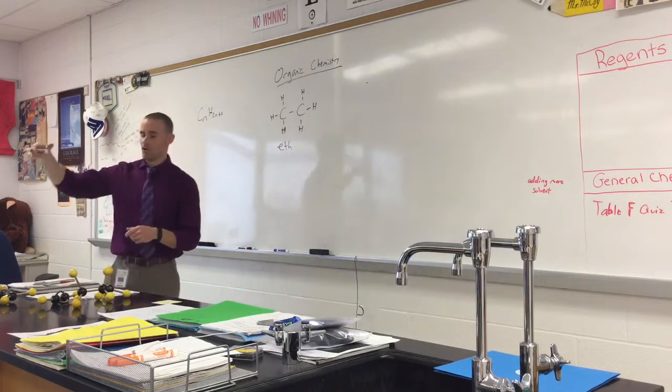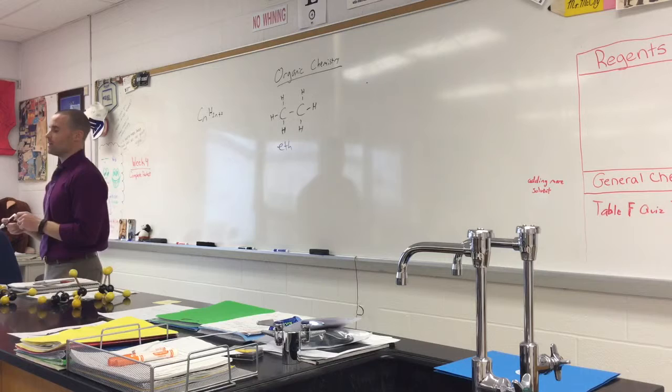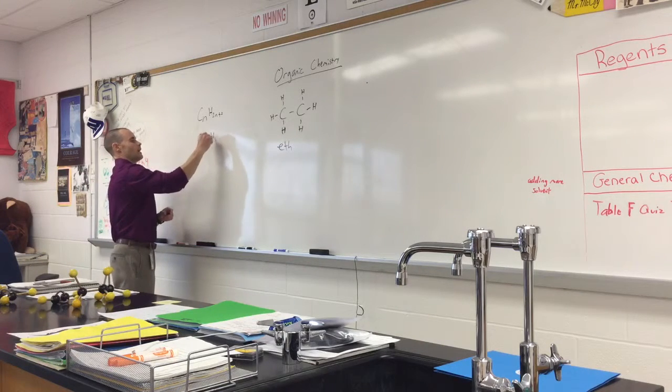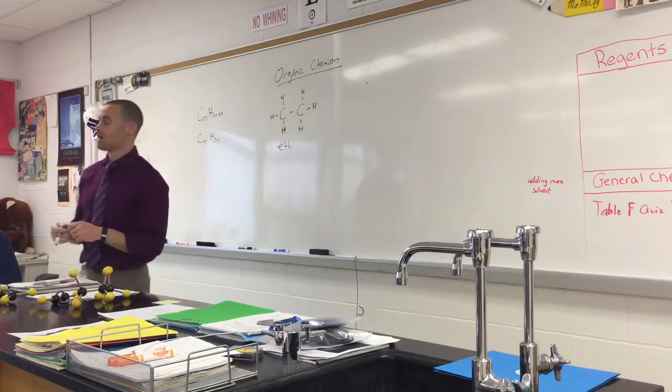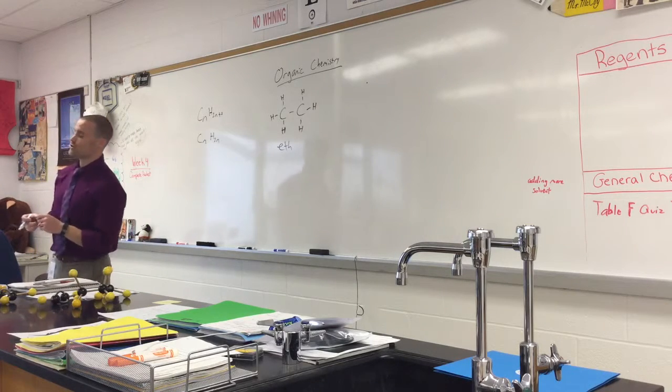Now if you go back to table Q, look at the alkenes. Alkene is CnH2n. And then the alkynes, that's the third one. The formula is CnH2n-2.